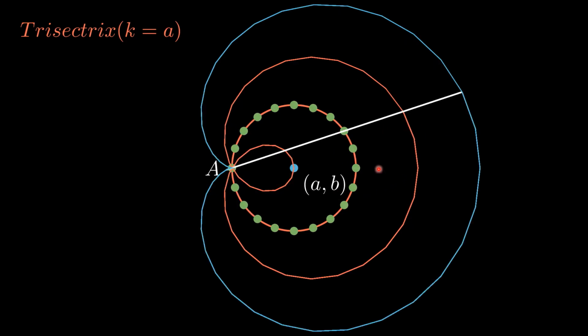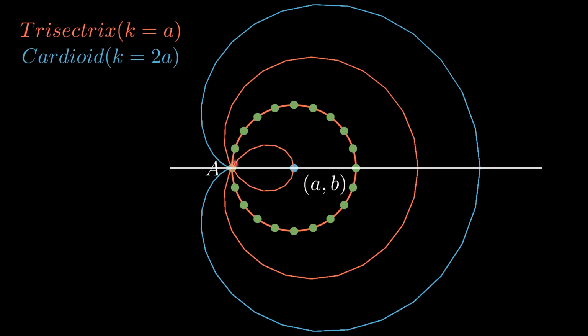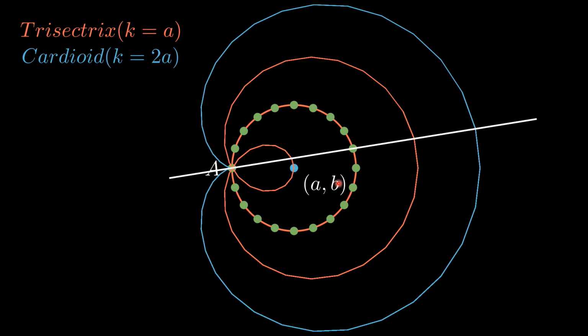At 2a, that is the threshold, and that is actually a cardioid. If you don't know what a cardioid is, we have previous videos that you can go back and see. So when k equals 2a, it's a cardioid. When k equals 3a, it becomes something else.